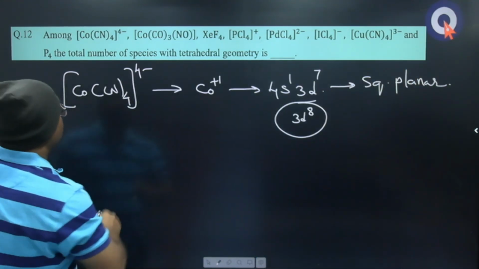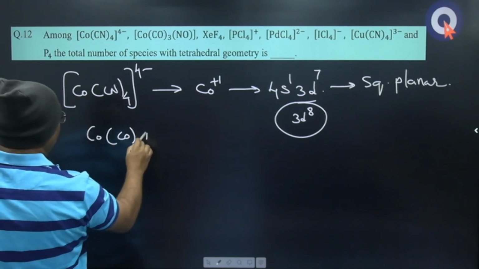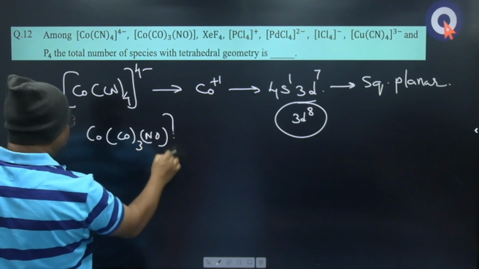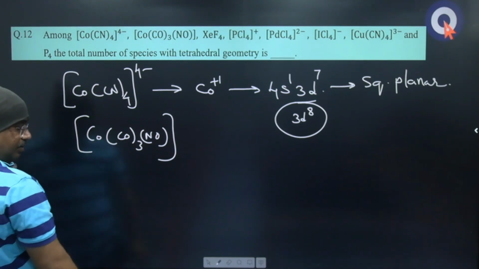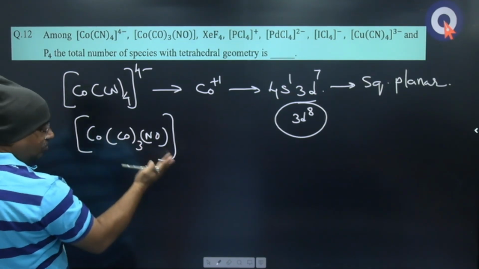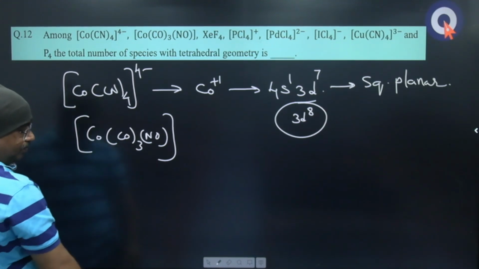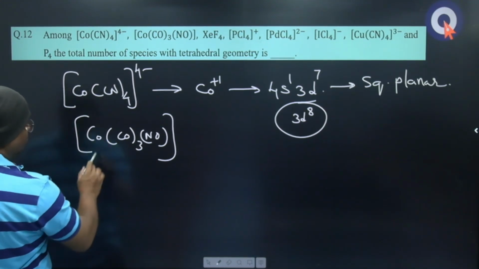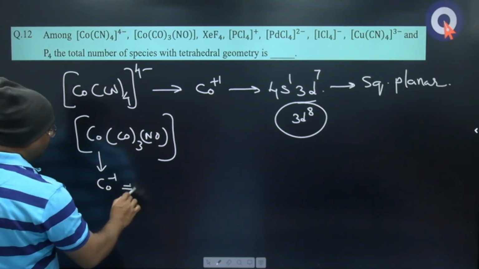Next, this one Co(CO)3NO. This is an exceptional condition actually. Cobalt will have -1 oxidation state and NO will be plus. Carbon monoxide is 0. So cobalt in the negative state will have 28 electrons.